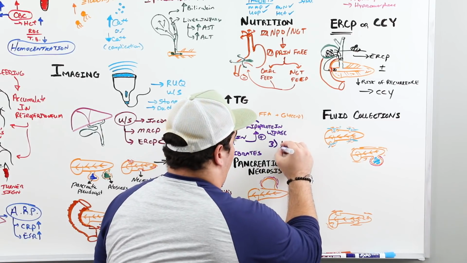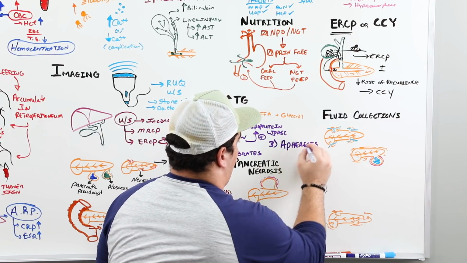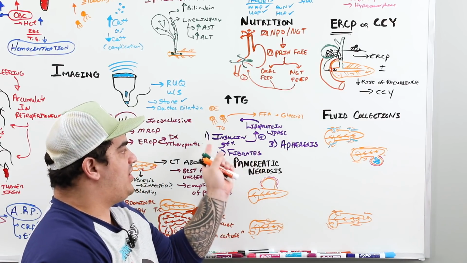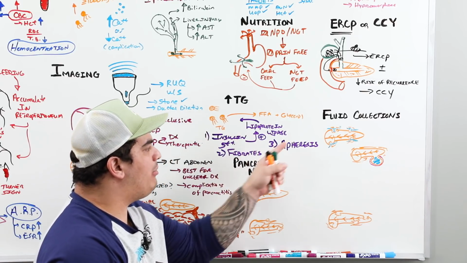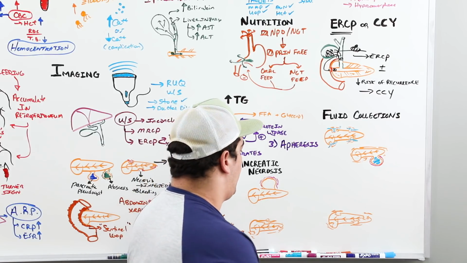And that's called an apheresis. So these are interesting things that you might have to do as well. So lipoprotein lipase can be stimulated by insulin, fibrates, and then plus or minus apheresis if they have very severe hypertriglyceridemia.